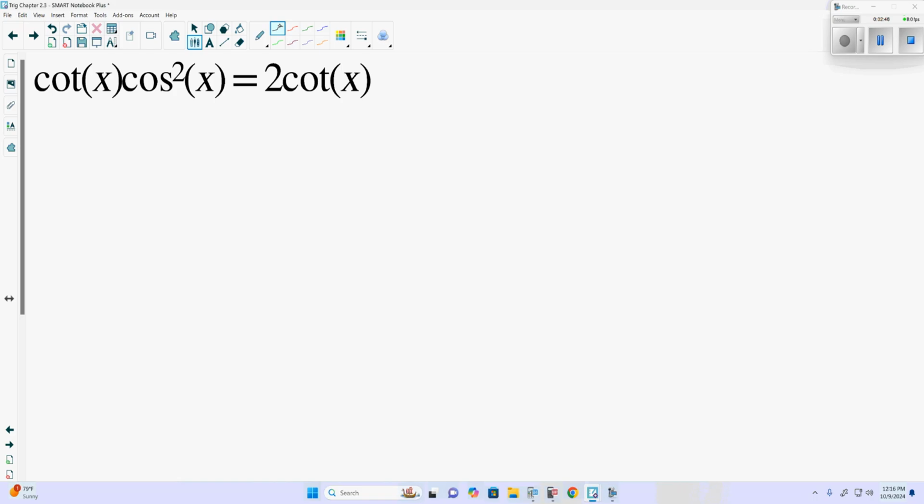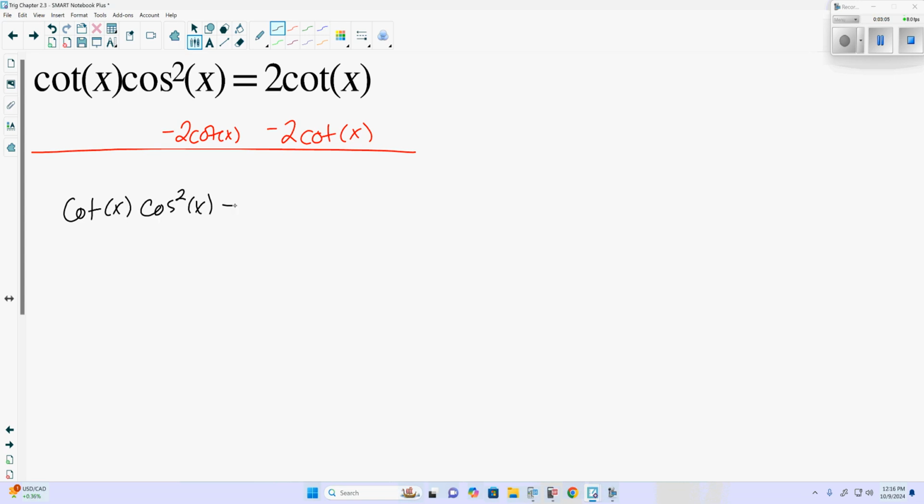It'd be nice to get this equal to 0. And we can do that by subtracting 2 cotangent of x from both sides. Because on our left-hand side, we'd have cotangent of x times cosine squared of x minus 2 cotangent of x is equal to 0.